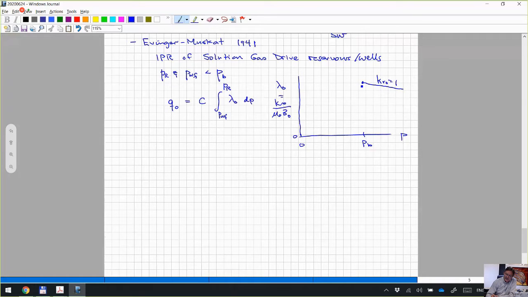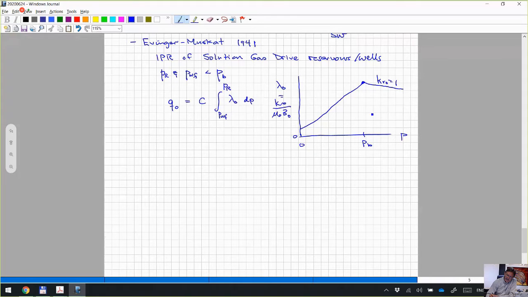And then they give a method to calculate the oil mobility as a function of pressure from the bubble point, for example, here it's more or less a linear function, or something like that.